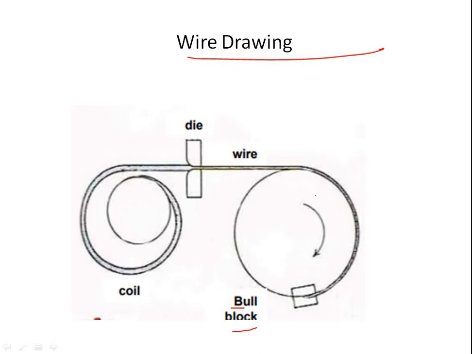Wire drawing starts with hot rolled wire rod. Similar to rod drawing, the rod is first cleaned by pickling and washed. That process we have seen in the previous slide. It is then coated with lime or plated with a thin layer of copper or tin.